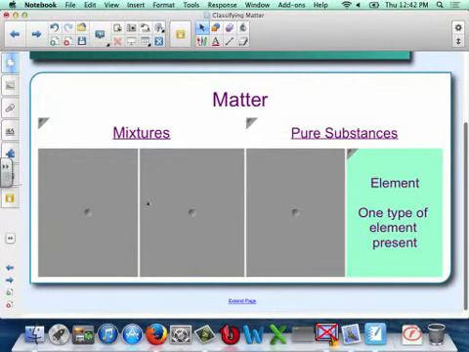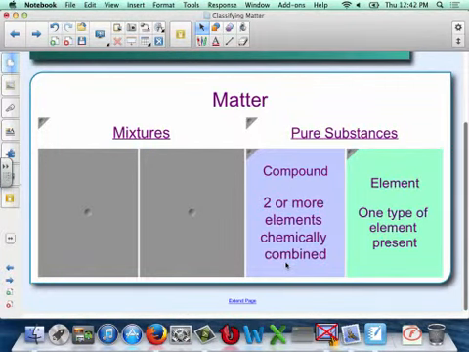Now, something can also be considered a pure substance if it's a compound. H2O is an example of a compound. So again, it could be considered a pure substance. And then mixtures can also be broken down further.